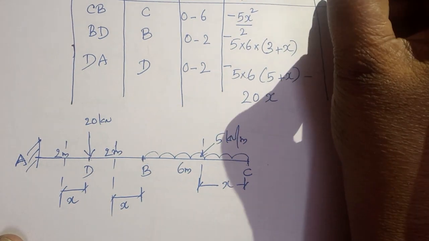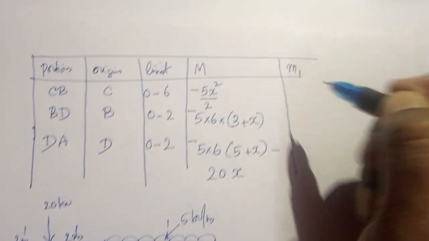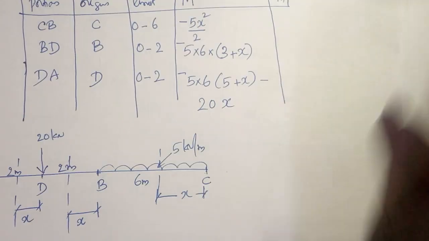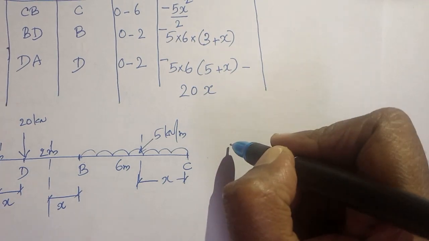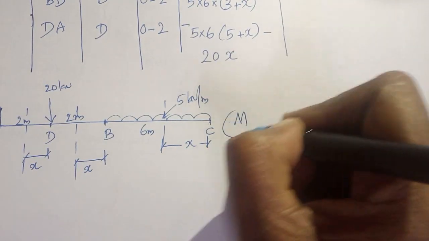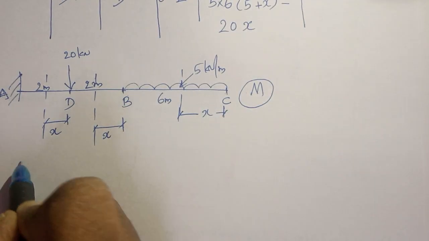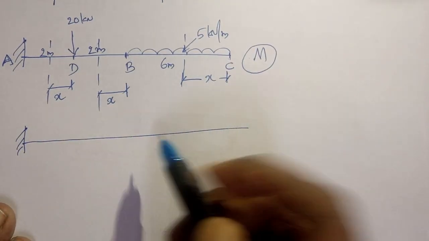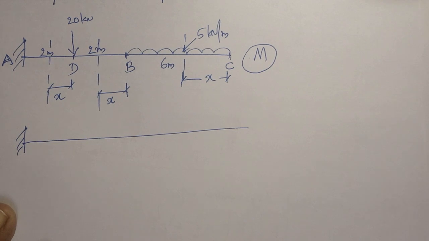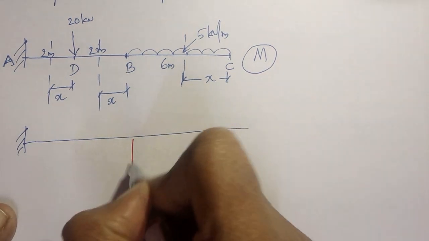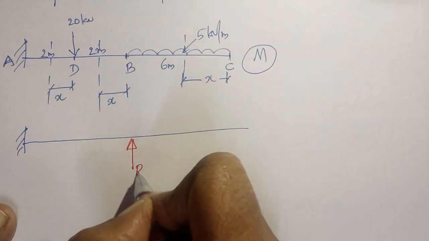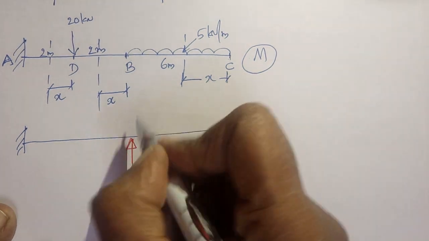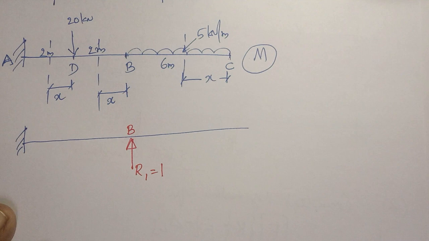Next, I have to write M1. In order to write M1, I have to take a similar line. I will consider this is M. For writing M1, the primary structure, you apply unit value of first redundant. Apply R1 equal to 1.